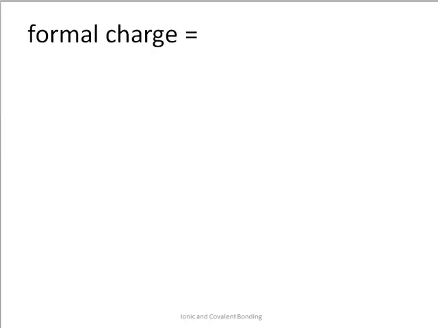One other thing that we'll have to take into account, in addition to trying to get to the octet rule, is achieving the lowest formal charge for a molecule or polyatomic ion.